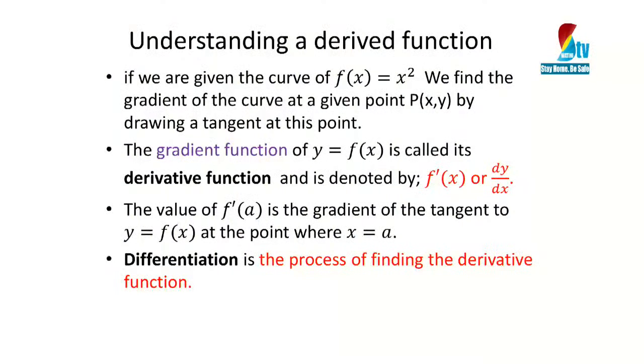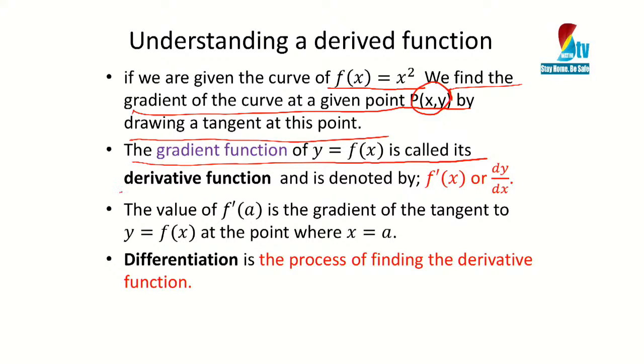derivatives. If we're given the curve f of x is equal to x squared, we find the gradient of the curve at any point P, which has the coordinates x, y, by drawing a tangent at that particular point. The gradient function is called the derivative function.